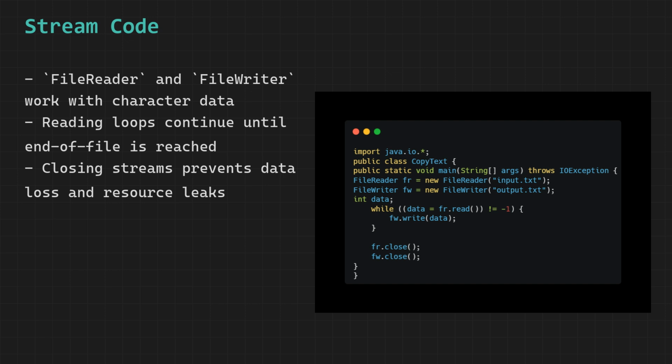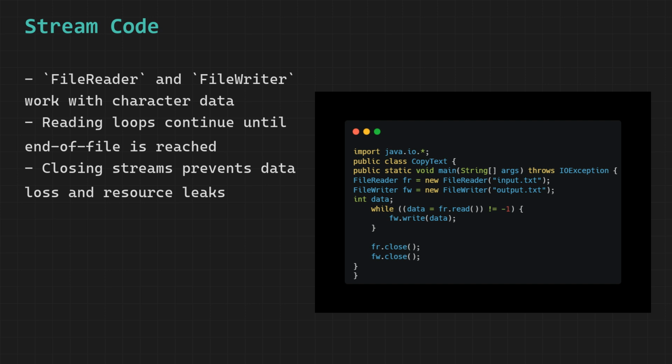Then we create a FileWriter object called fw and point it at a file called output.txt. FileWriter is a character stream designed for writing text to a file. If output.txt does not exist, Java will create it automatically. If it already exists, Java will overwrite its contents.